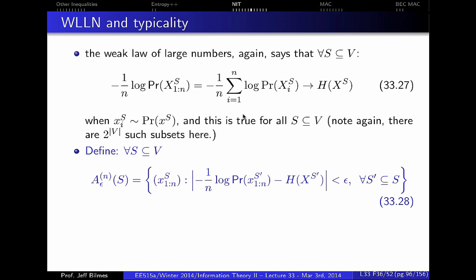But now we've got m random variables, and so we have 2 to the m possible constraints on what's necessary in order to be jointly m typical. And so let's just define, for all subsets of V, one particular constraint for a particular S. This is all sequences that are epsilon close in this sense, meaning that the average log probability is epsilon close to the entropy.